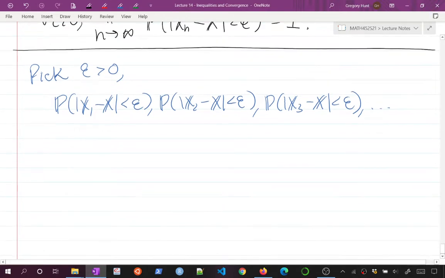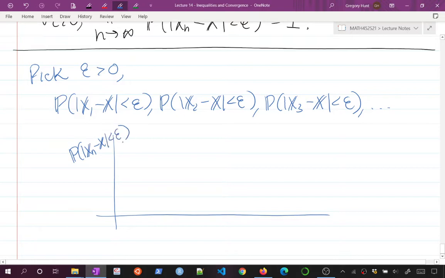So you can think about drawing a graph here, where on the y-axis I have the probability that Xn is less than epsilon from the limit X, with probabilities between 0 and 1, and then I'll increase n on my x-axis. For X1, maybe the probability is low, since X1 can be far from X, and maybe X2 is a little higher, and so maybe my sequence looks something like this.